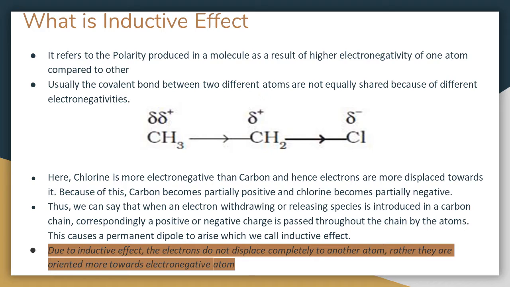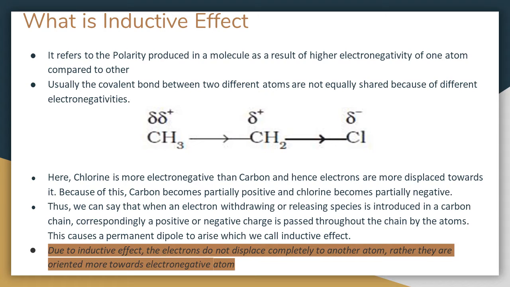I've taken ethyl chloride wherein ethane a chlorine atom is substituted. We know that chlorine is more electronegative than carbon. So a covalent bond is formed between carbon and chlorine which is not equally shared because of difference in electronegativity.